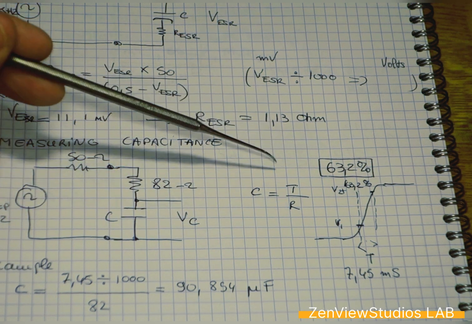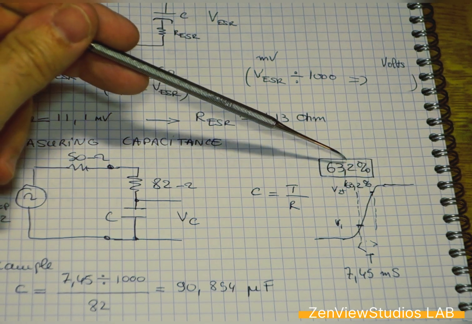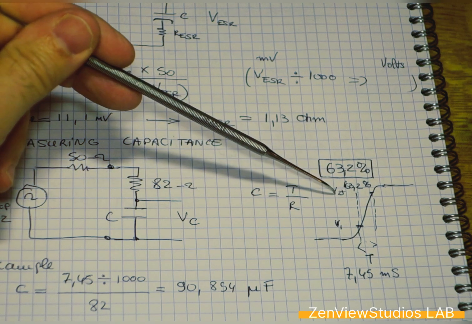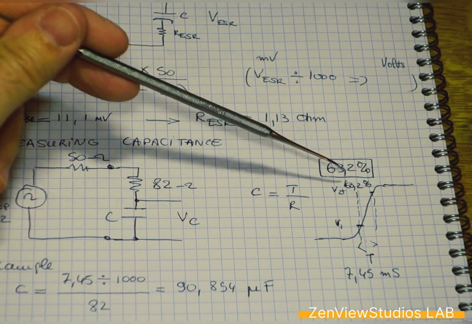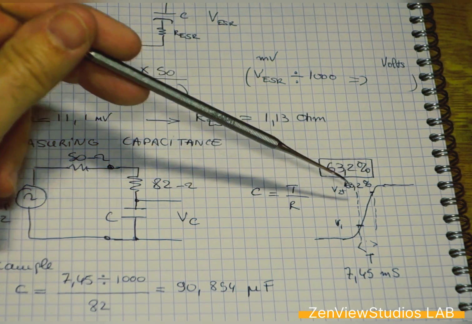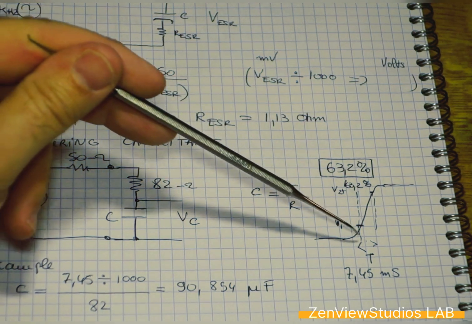And what we do is that we try to get the slope, the 63.2 percent voltage variation from V1 to V2. It can be anywhere on the linear part of the curve. I use, I think, 0 to 6.32 volts, something like that, to make the measurement.